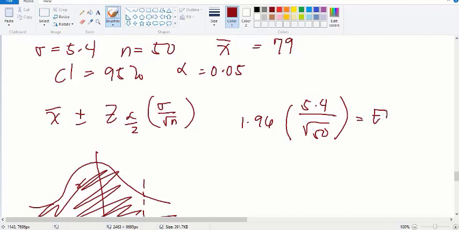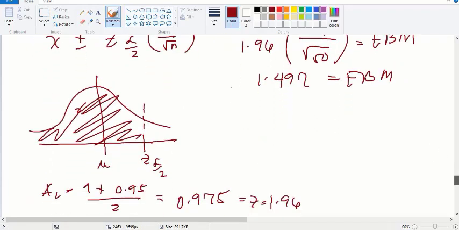This is your EBM, or margin of error. So, using your calculator, 5.4 divided by square root of 50 times 1.96 is equal to 1.497. So, 1.497 is the EBM.